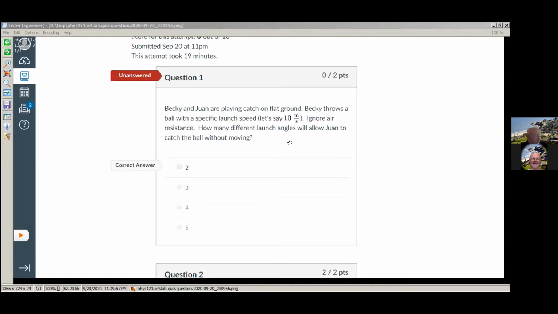I'm going to draw a flat surface. Becky throws the ball with a specific launch speed of 10 meters per second. Ignoring air resistance, how many different launch angles will allow one to catch the ball without moving?